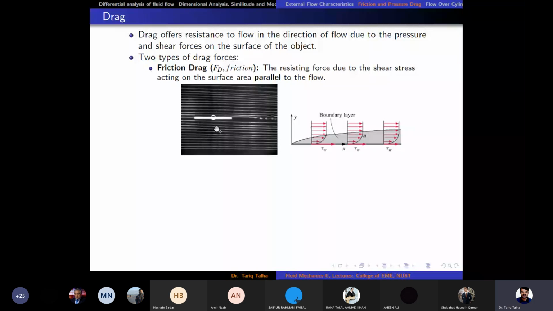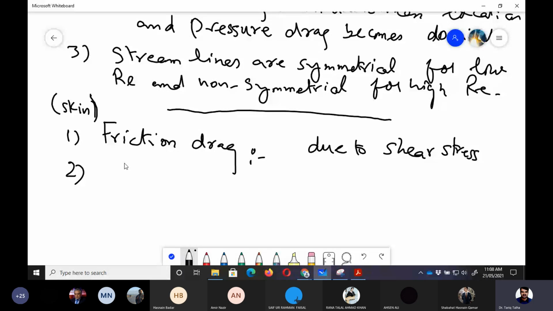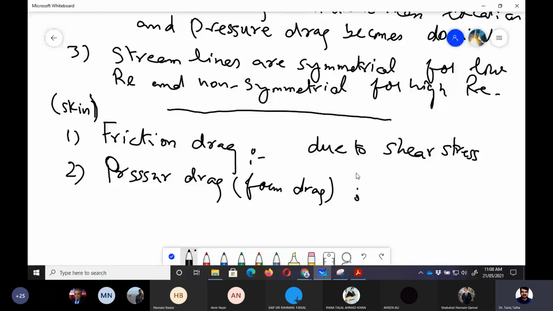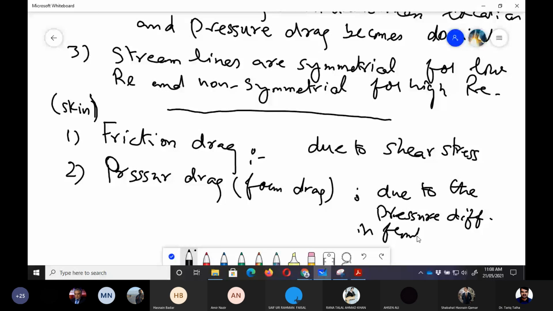And then the second component is the pressure drag component. Pressure drag, and we also call it form drag, because it strongly depends on the shape and geometry of the body, and that is due to the pressure difference in front and back of the object.